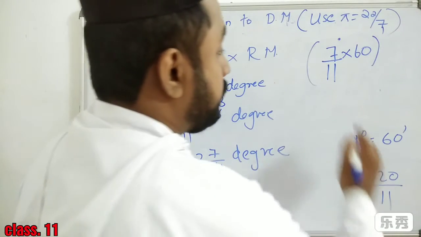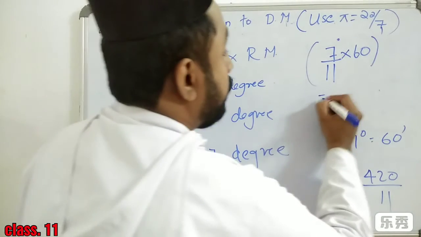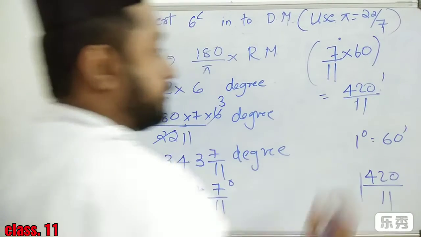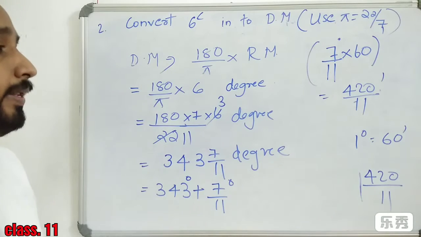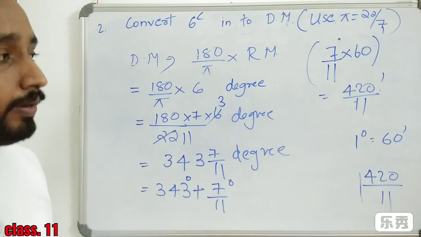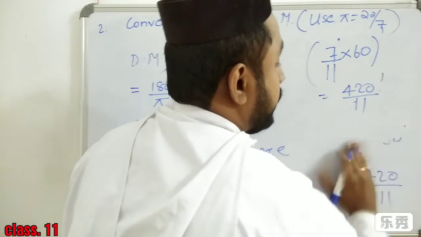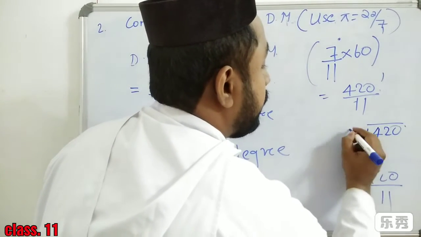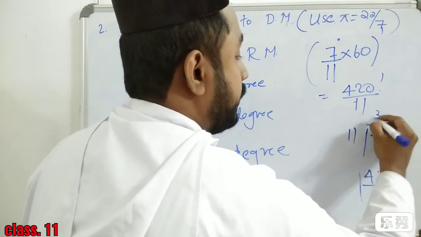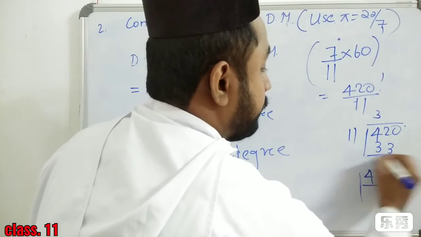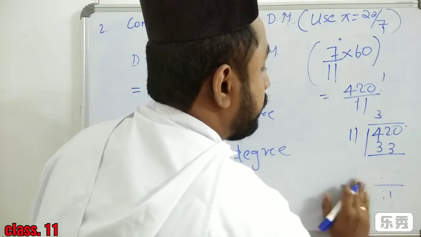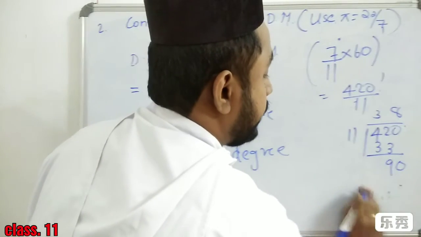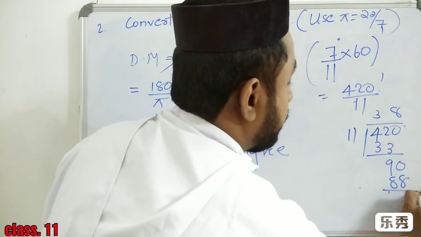When we cut this, it is equal to 420 by 11 minutes. So we change this degree into minutes, that is 420 by 11. We can divide 420 by 11. 11 into 3 is 33, we got 9, 0, 11 into 8 is 88, remainder 2.